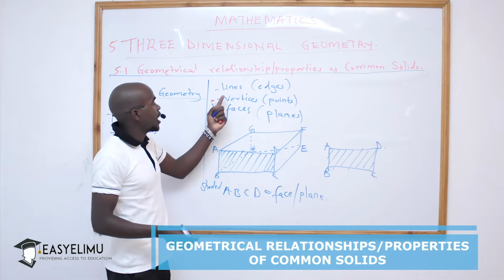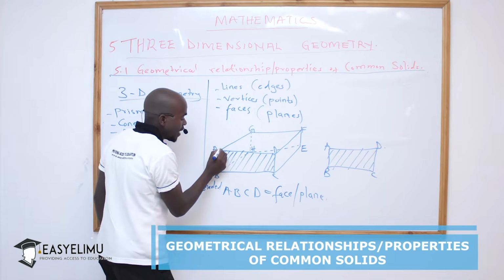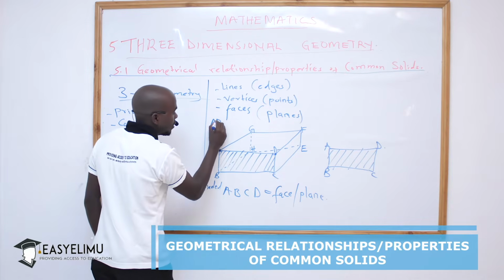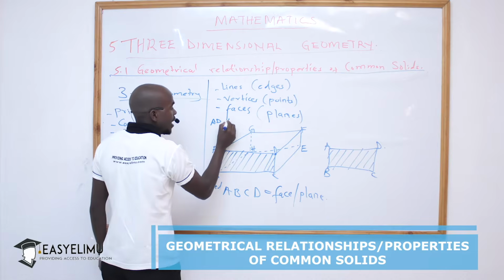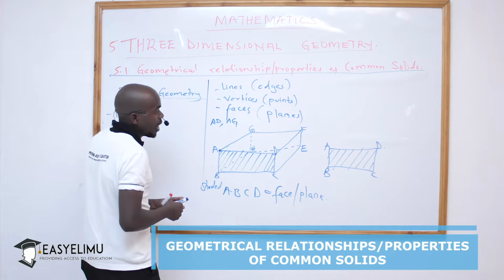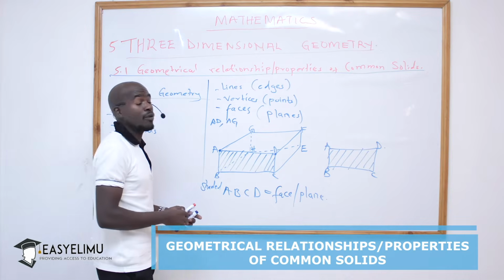And if we are talking about the lines or edges, we are referring to lines like AD, that is a line, AG, this one from that part to the other one, GF, and so on, as you can identify some of them there.